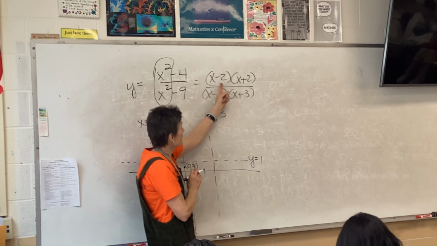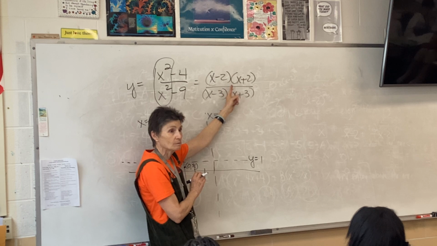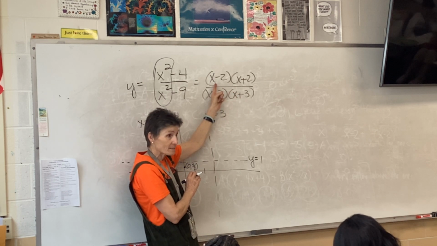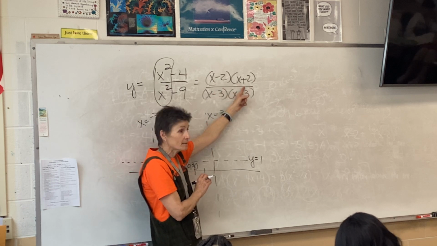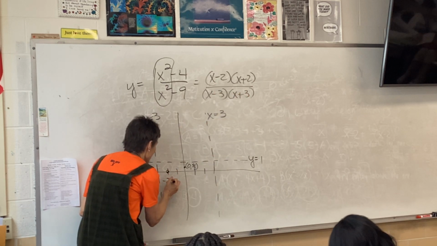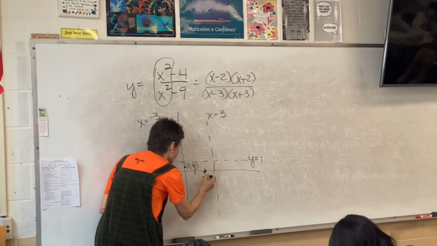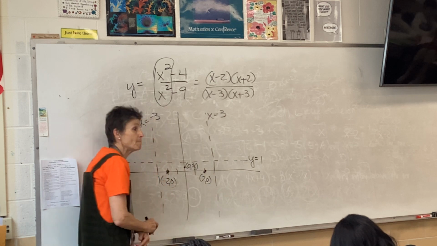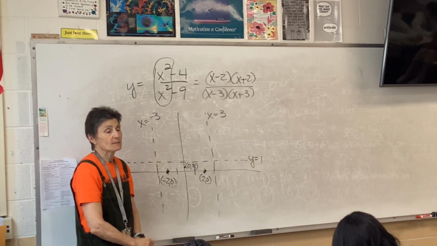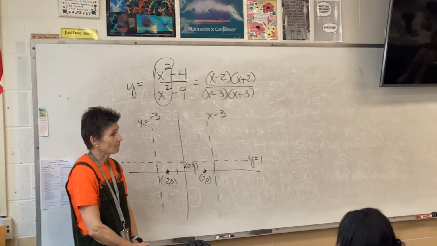What could you put in here that would make this fraction equal 0? 2? Wouldn't 2 make it 0? And -2. If you are confused at all, make a little note and memorize that your zeros, your x-intercepts, come from the numerator.